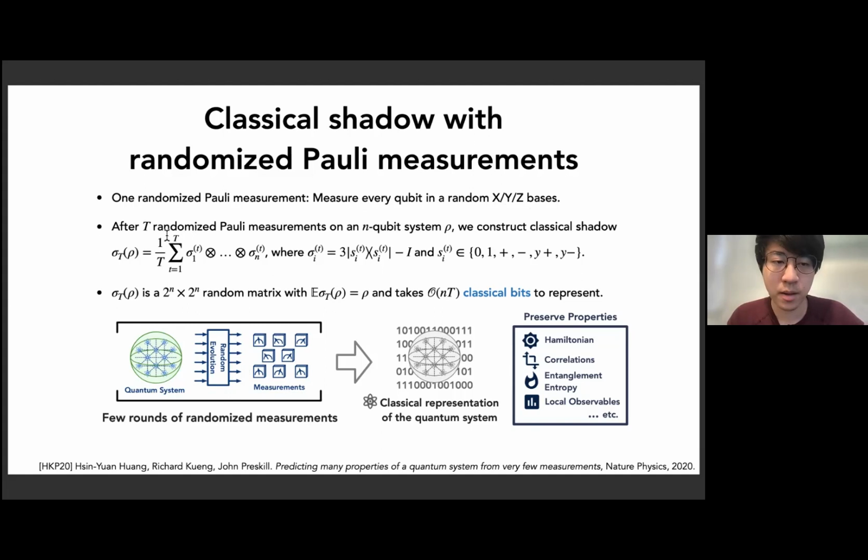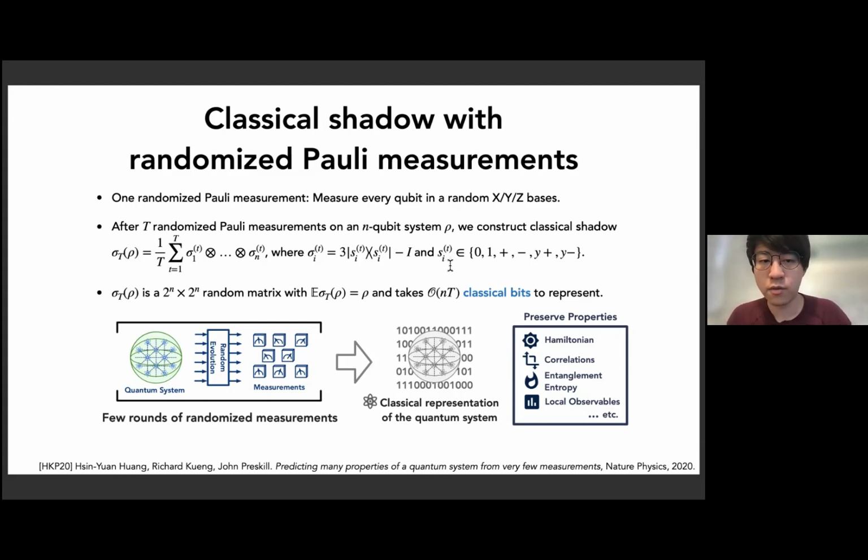Now, after performing T randomized Pauli measurements on an n-qubit system, what we'll get is this array, s_t,i. It's a 6-outcome array. Basically, one can think of it as follows. Suppose we look at the t-th randomized Pauli measurement. Then when we measure every qubit, we'll get a string of n outcomes, indexed by this small i.